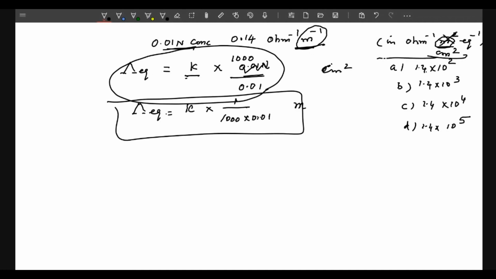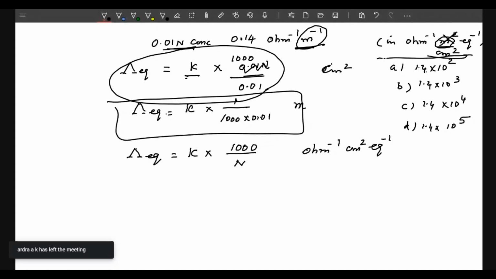We will go by the result. What is the result asked? Centimeter square. Therefore, we can make use of the equation lambda equivalent equal to kappa into 1000 by the normality. The unit for this is ohm inverse centimeter square per equivalent.